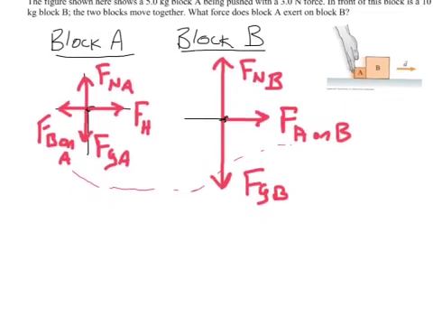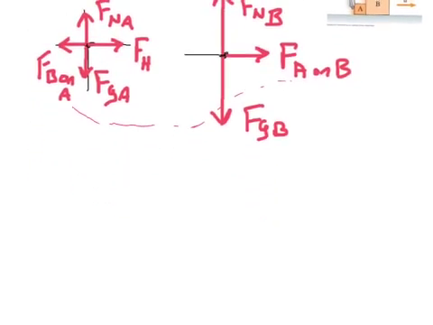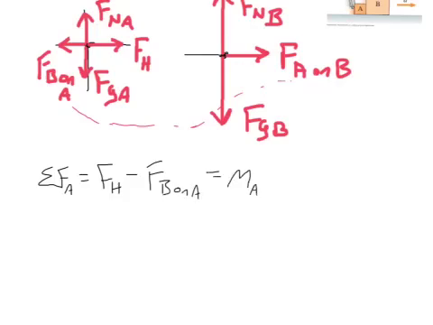So now when we go to start looking at the forces acting on block A, the net force on block A will be equal to the force of the hand minus the force of B on A, which will be equal to the mass of block A times the acceleration. And because these two objects are connected, their accelerations are constrained to be equal in magnitude.